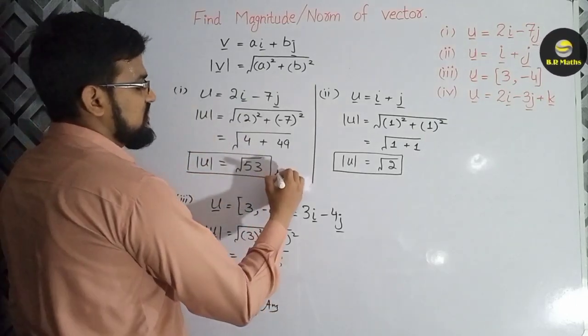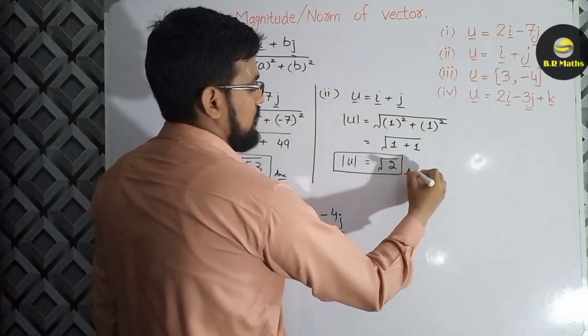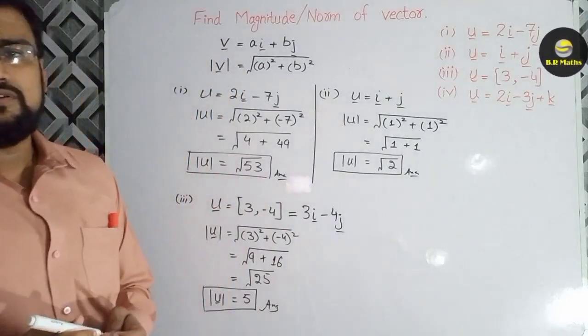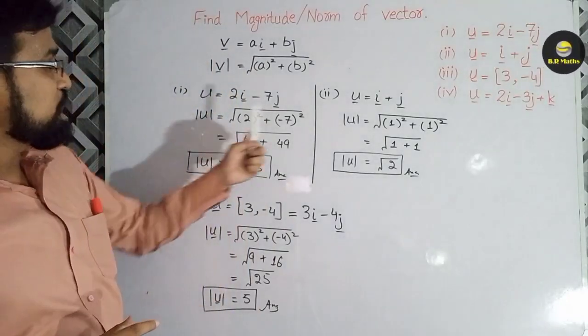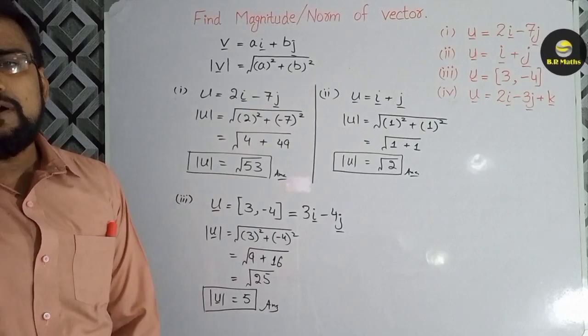Okay, so these are the three parts, different types of vector, to find the magnitude.